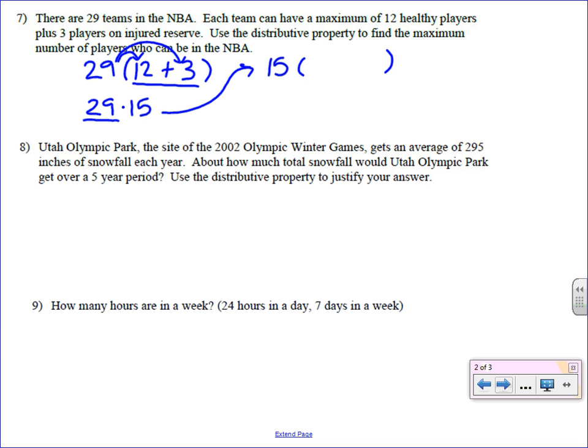And I'm going to think of 29 as being 30 minus 1. So 15 times 30, well, that's 15 times 3. So 15, 30, 45 with a 0 at the end, and then minus 15. And then that's 435 players.